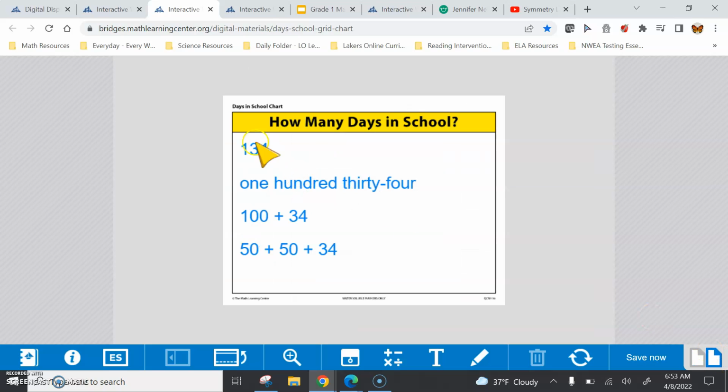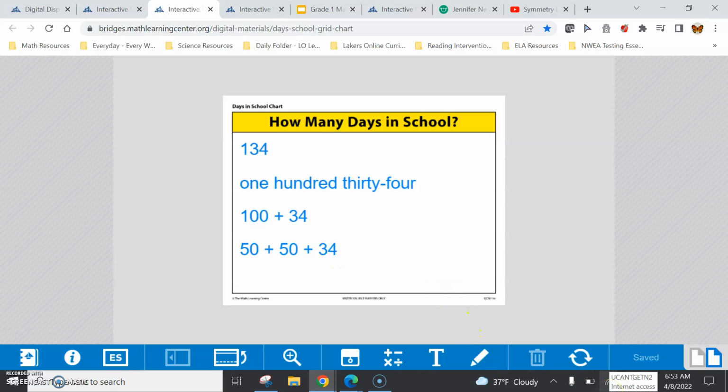Incredible. And we have here the number 134, the number word. It's very important you know your number words. One way to write an equation or a math fact for 134, 100 plus 34. And then we have 50 plus 50 plus 34.